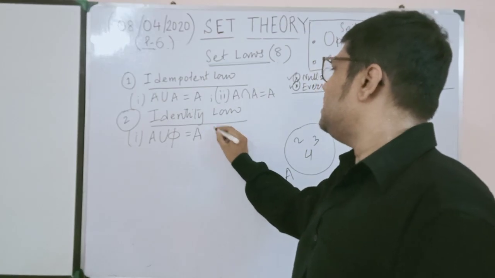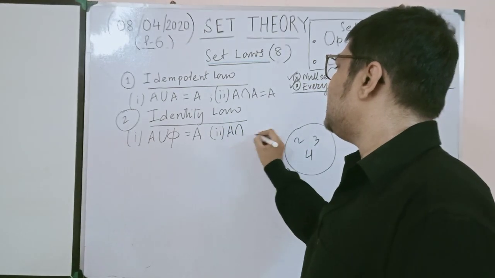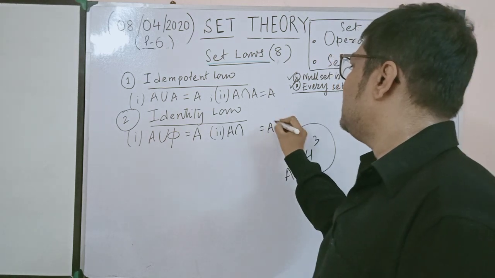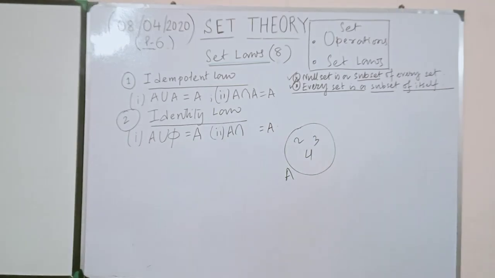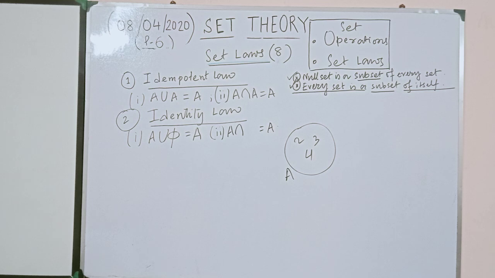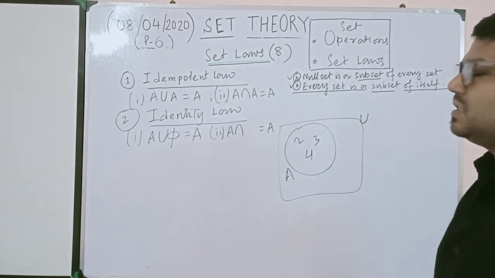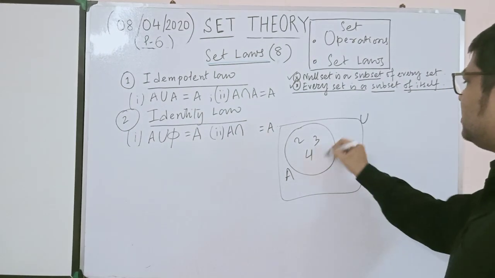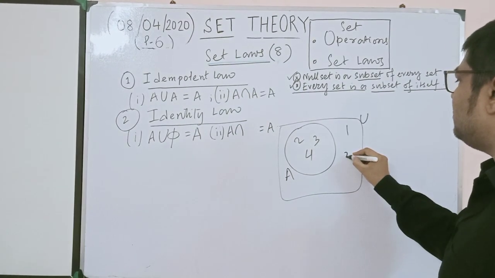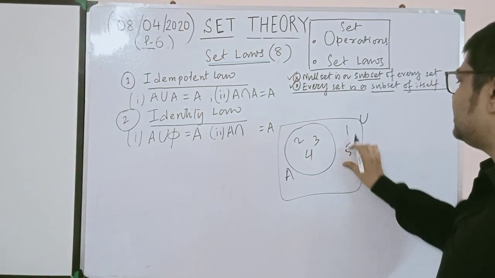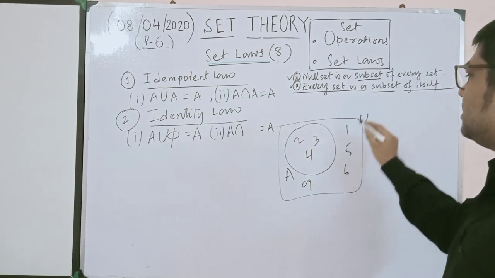Now similarly, I have to intersect with something that will give you A. What is that? If the intersection with another set gives you A, obviously that will be the universal set. Say 2, 3, 4 are there, and here 1, 5, 6, 9 are there.